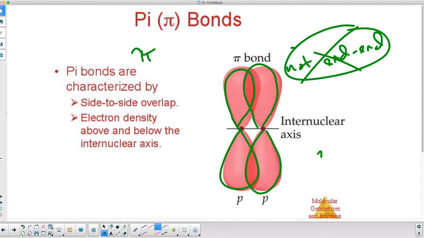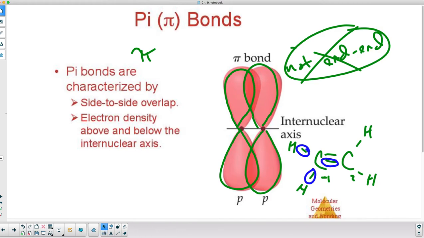So when I have a double bond between 2 carbons here, this carbon right here, carbon number 1, has 3 sigma bonds, 1, 2, 3, and 1 pi bond.